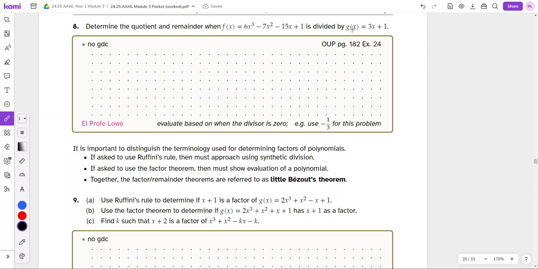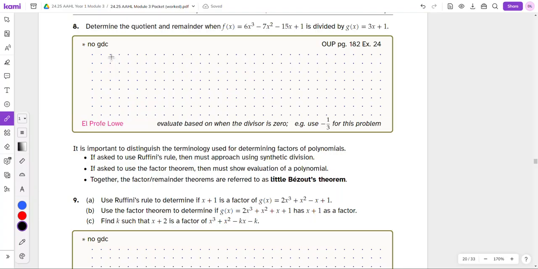So remember, synthetic division only works if I'm going to be dividing by a linear term. And I need to evaluate based on when the divisor is 0. So if I'm dividing by 3x plus 1, this is the divisor. So when is 3x plus 1 0? It's at negative 1/3, so I'm going to use negative 1/3 for this problem.